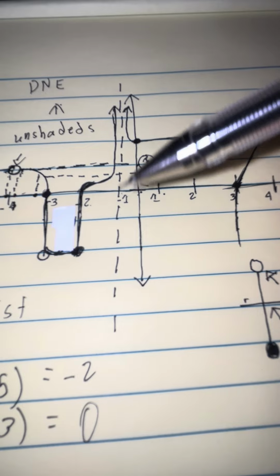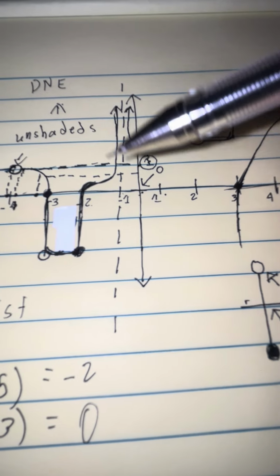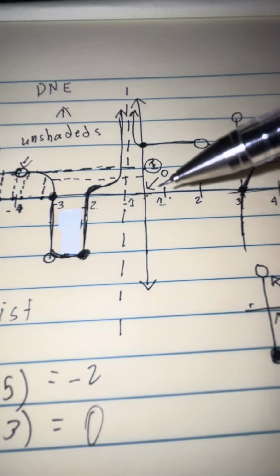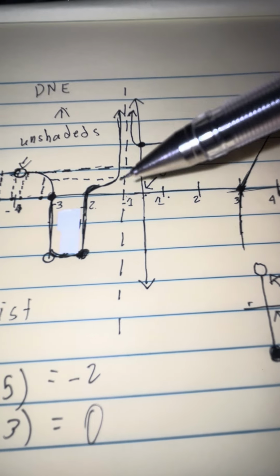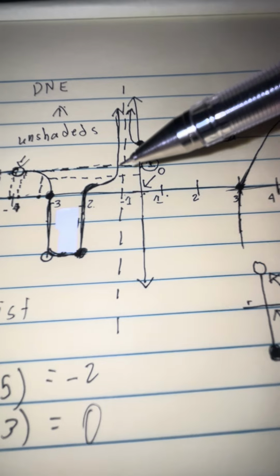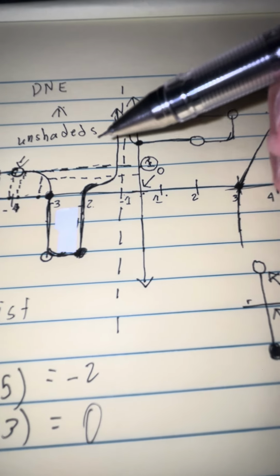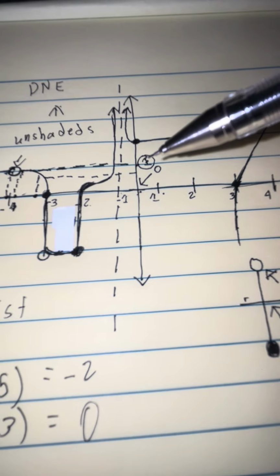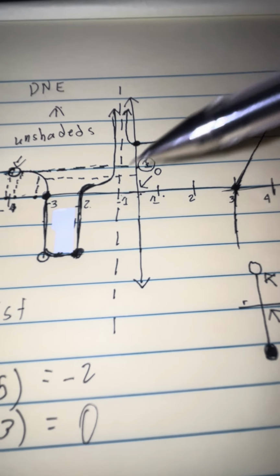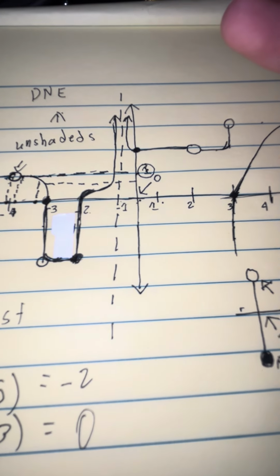That means this is a place where any line from this side and any line from this side cannot touch this line right here. It cannot go past it from the right, and it cannot go past it from the left. It just cannot. That's how it works. Don't think about it too much.